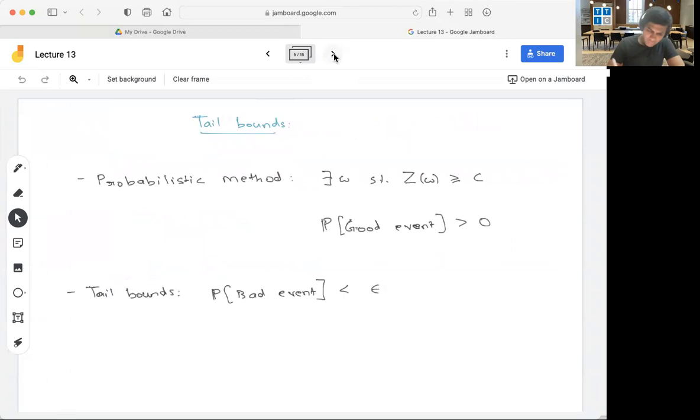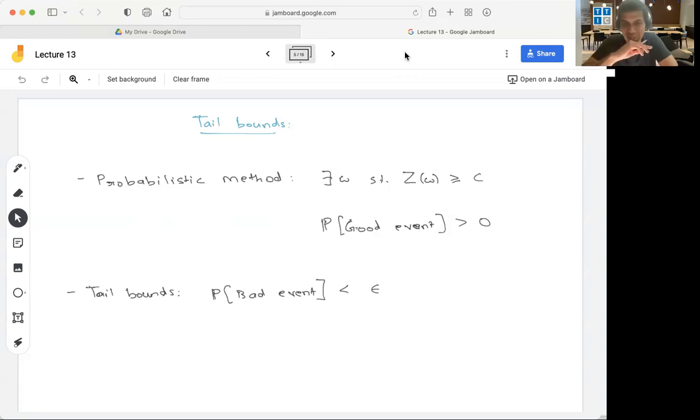All right. So now, as I said, what we were doing so far can be put as showing that the probability of some good event is greater than 0, and this good event is whatever we might be interested in.